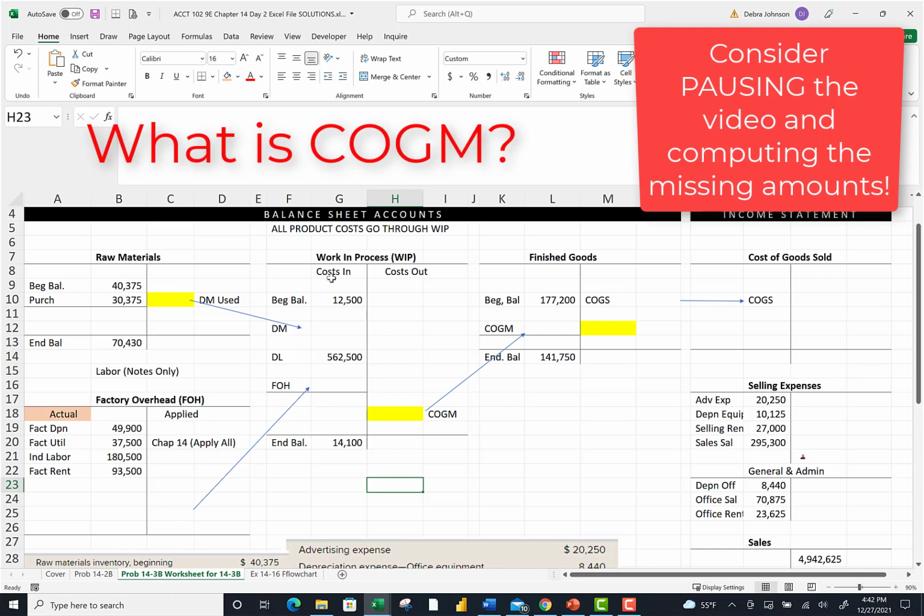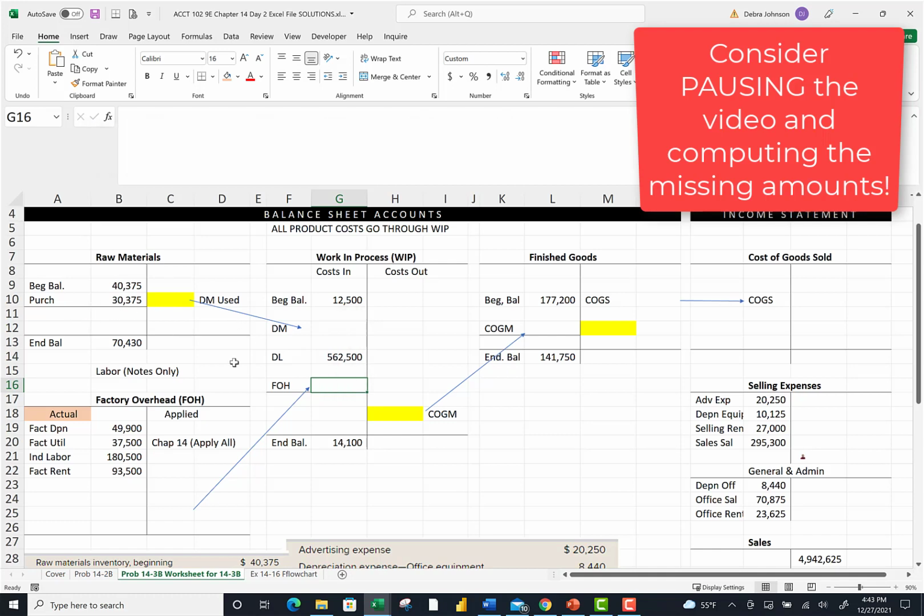So in any type of manufacturing environment, I'm concerned that I capture all 3 of the various product costs in this WIP account. So you'll notice that although I have direct labor, I'm missing direct materials used and factory overhead. I have the data to compute it. So just like we did last time, we're going to run some computations to come up with those yellow boxes.